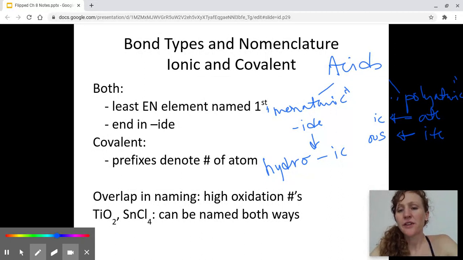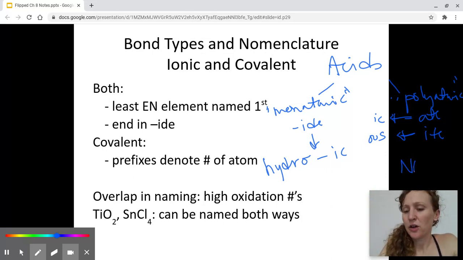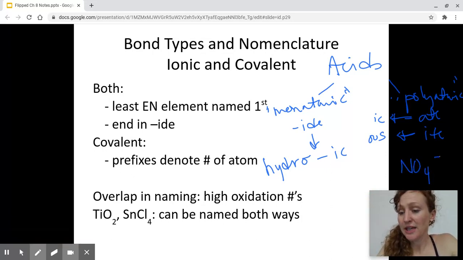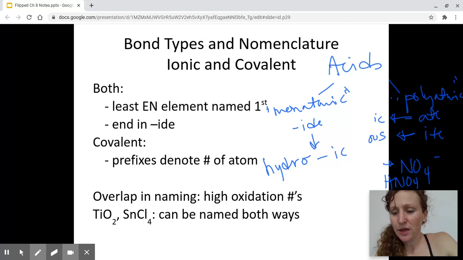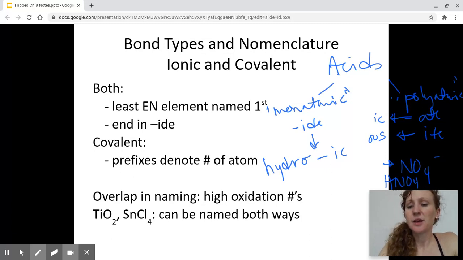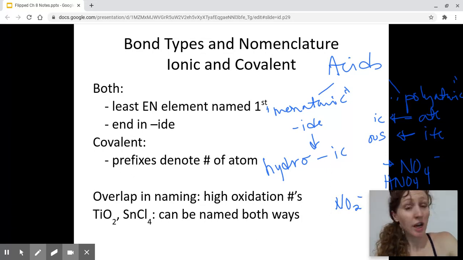The only thing is if it comes with a prefix, you want to keep the prefix. For example, if you're using NO4 minus and you turn that into an acid, HNO4, NO4 minus is pernitrate, so you want to keep that per. So it'd be pernitric acid. An example of the -ous ending would be NO2 minus, which is nitrite.